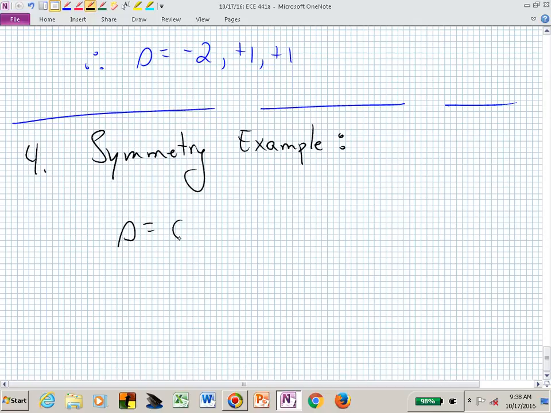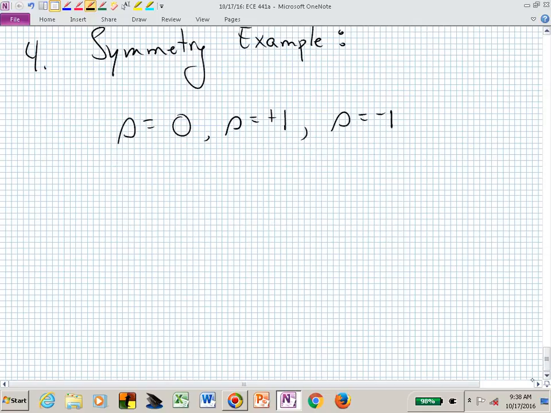Suppose that we have a 0 at the origin and another 0 or root at plus 1 and another root at minus 1. And we want to know now, what does the polynomial look like? For each of these cases, what does this factor look like in our resulting polynomial?